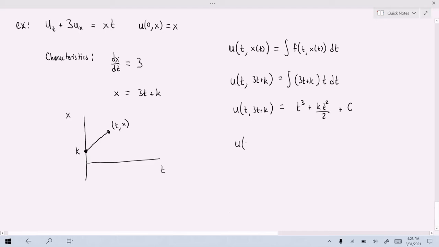So when t is 0, when we're starting at this initial point on the characteristic, this is going to be equal to c. Now, on the other hand, from our initial condition, we see that u of 0, k should be equal to k. So therefore, the constant c is actually equal to k.